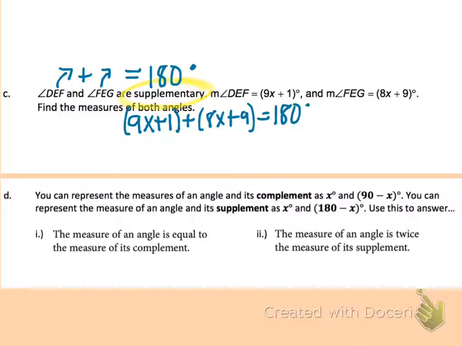So when I add 9x and 8x, that's 17x, and then 1 and 9 make 10. So to solve, I'm going to subtract 10 from both sides. And that's going to give me, let's see, 17x, and over here 170. And so all I have to do is divide by 17.